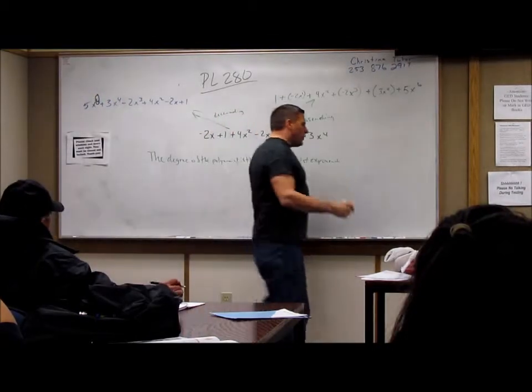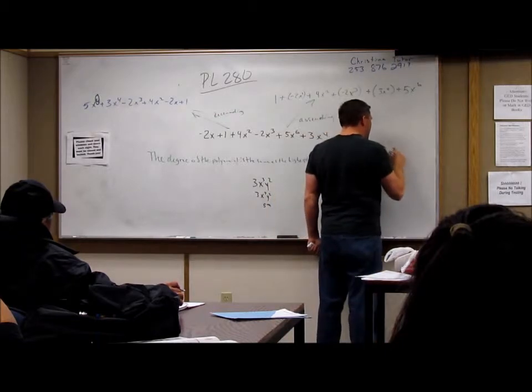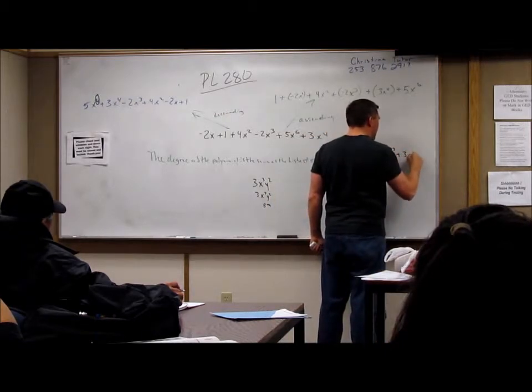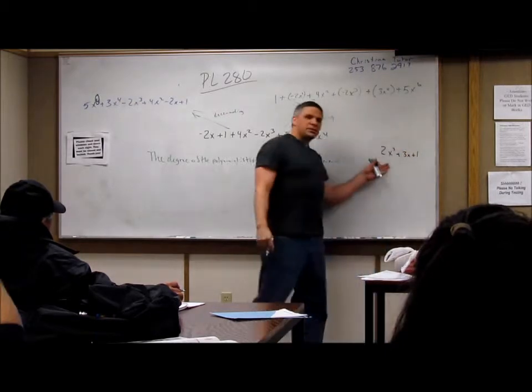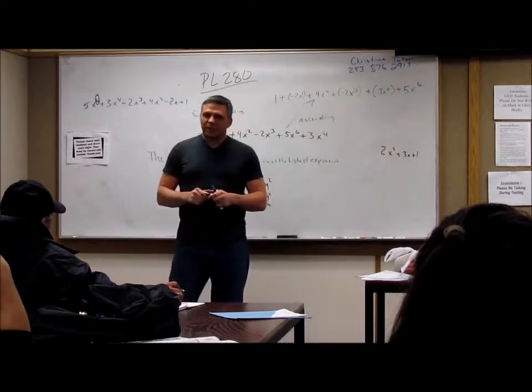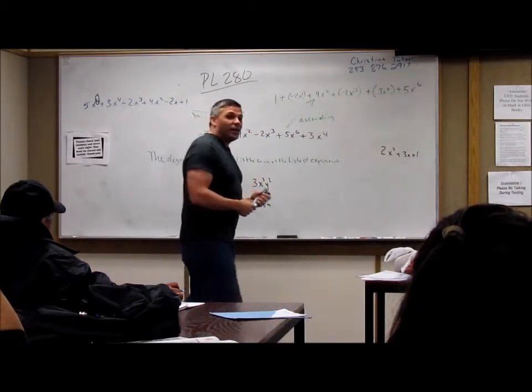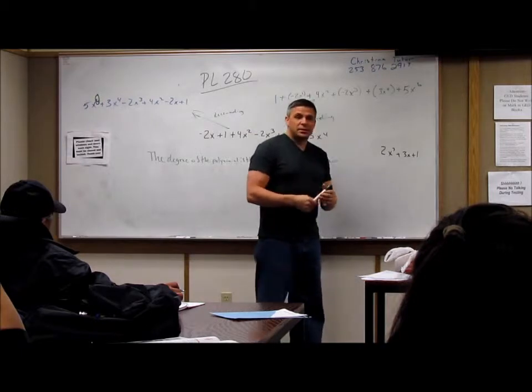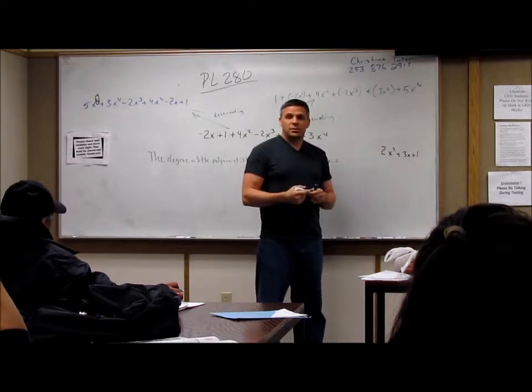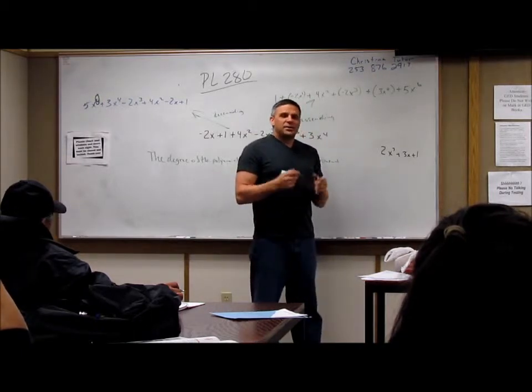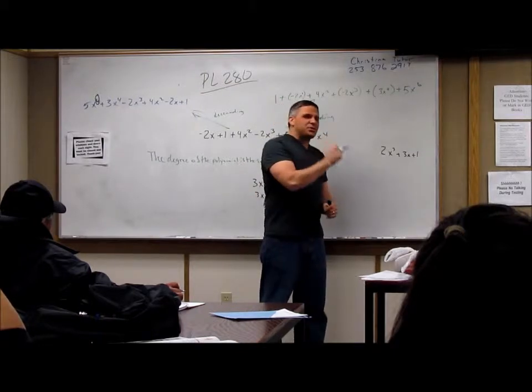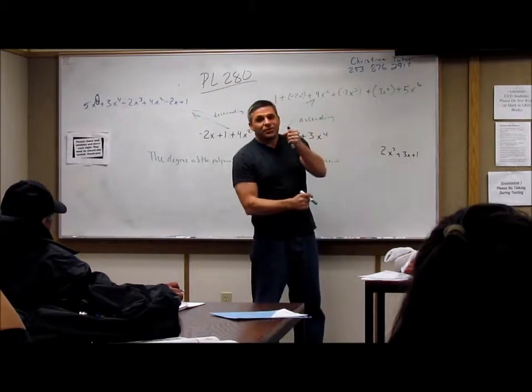Okay? What about this degree? 2x cubed plus 3x plus 1. So what's the degree of this one? 3. What's the kind of polynomial it is? Trinomial. Do you see the difference in why it's a trinomial and why it's a 3rd degree?